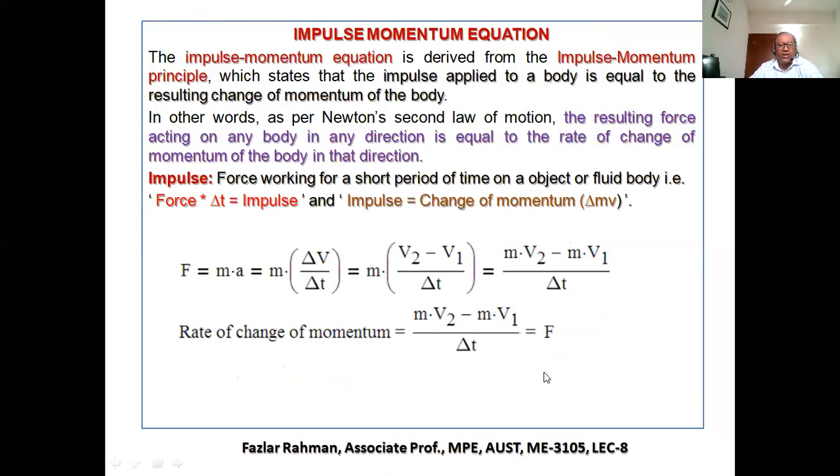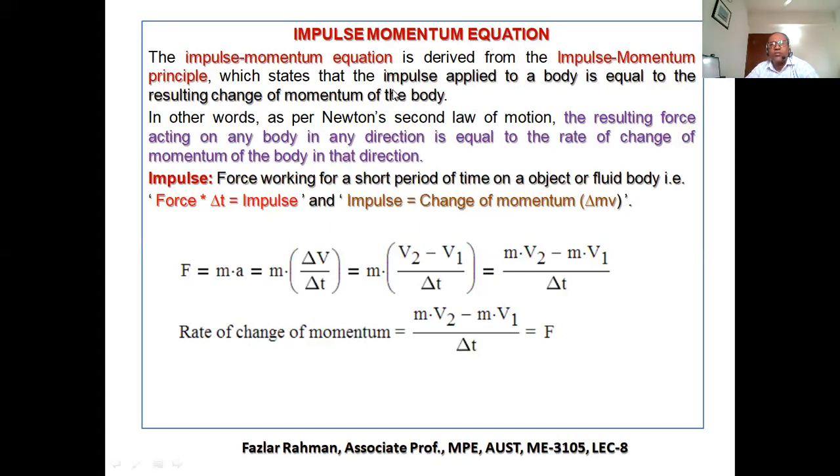Now, we need to know one more equation, called the impulse momentum equation. So what is the impulse momentum equation? It's saying the impulse momentum principle states that the impulse applied to a body is equal to the resulting change of momentum. So what is impulse and what is momentum?